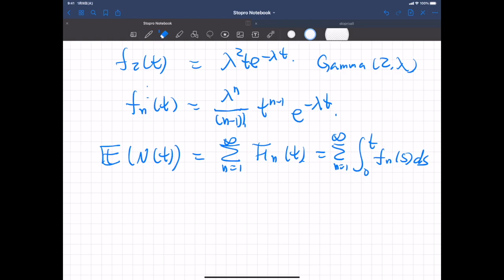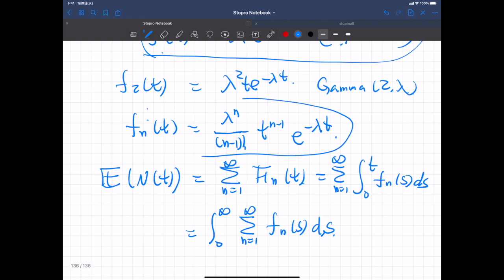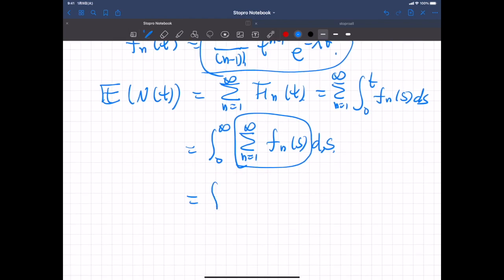Then at this point we swap the order of summation and integral. That is, first sum, then integrate. If you carry out this summation, and you should prove this, that is equal to actually just lambda.